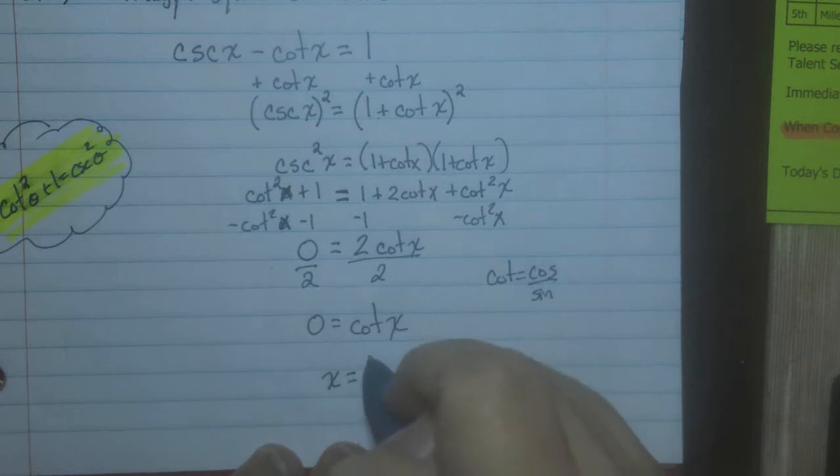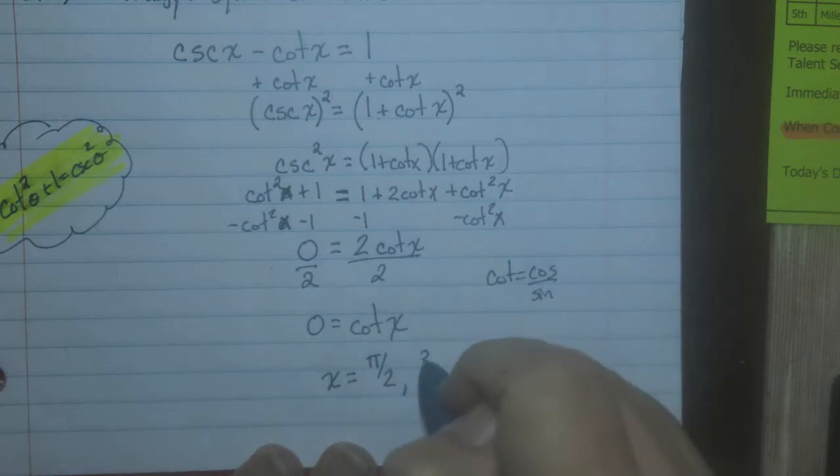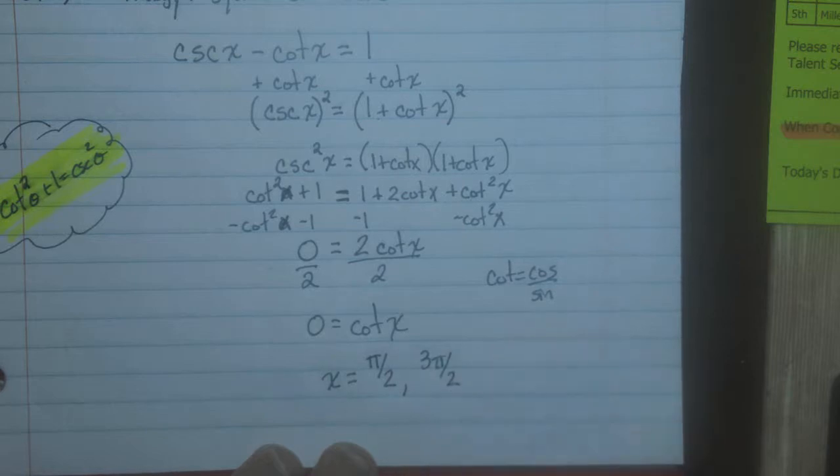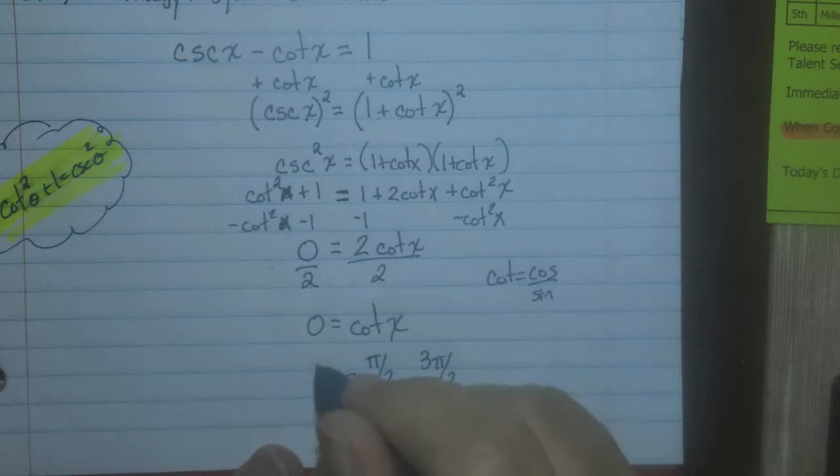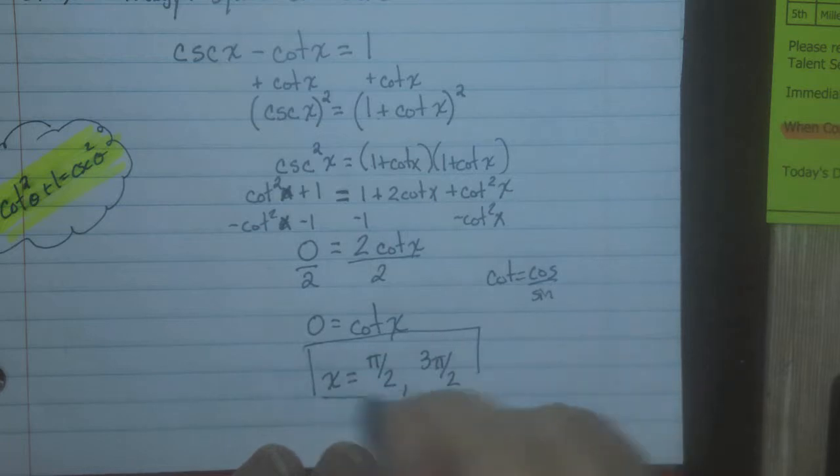Pi over 2, or 3 pi over 2. And if they just ask you for the answers on the interval 0 to 2 pi, that's your answer.